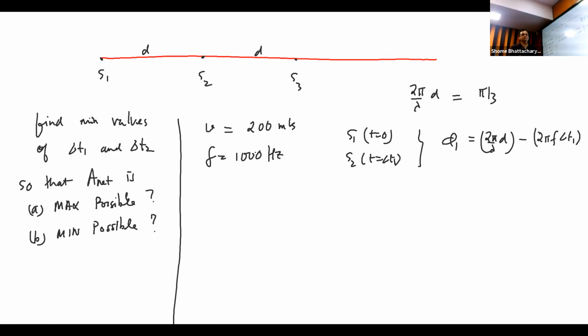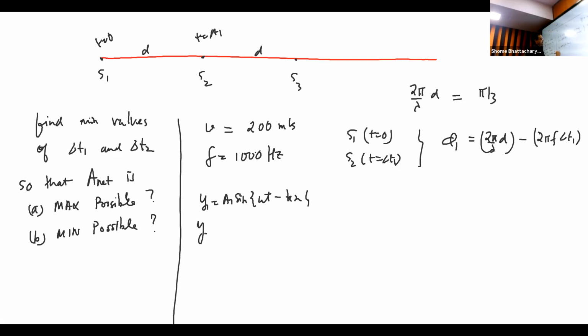This is correct, because the wave from the first source would have been A1 sine omega t minus kx, because the first source has started at t equal to 0. But this has started at a time delta T1.